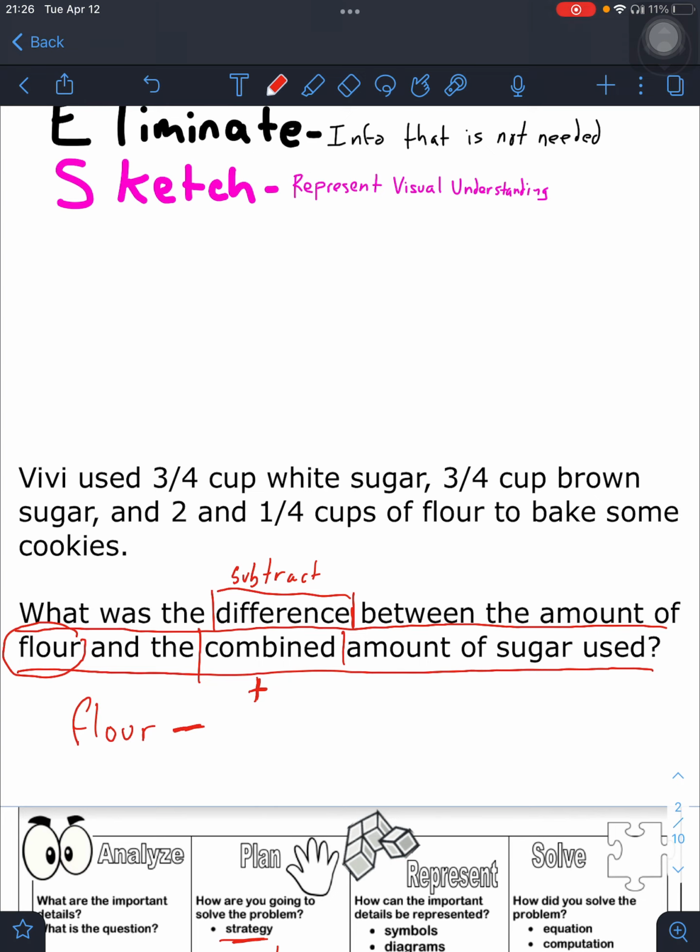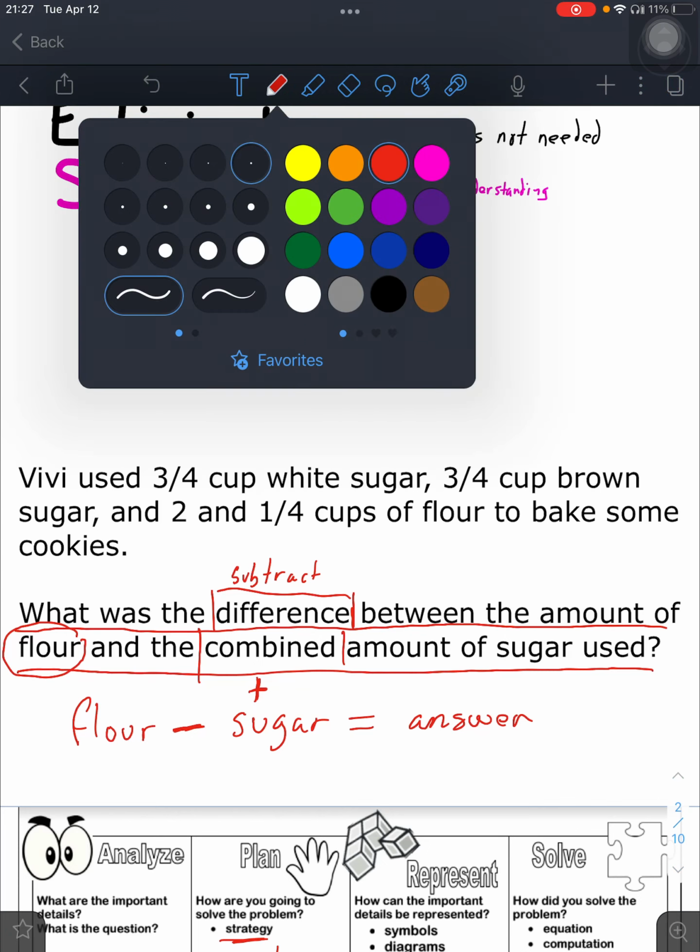So I have to add the amount of sugar used. So I have to subtract the flour from the sugar. And that's going to give me my answer that I'm looking for. So those are the key points of information that I'm looking for.